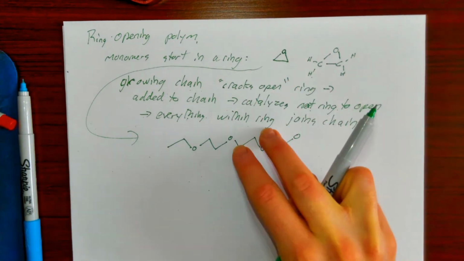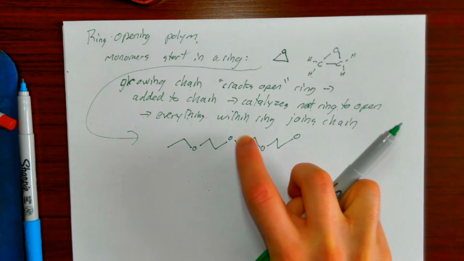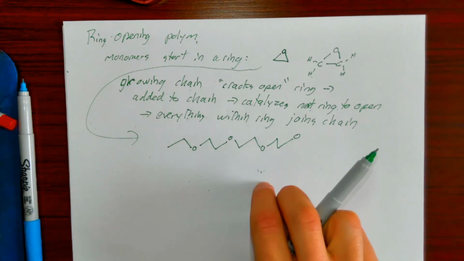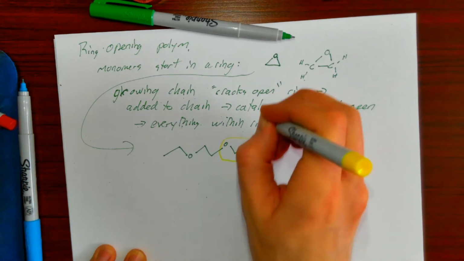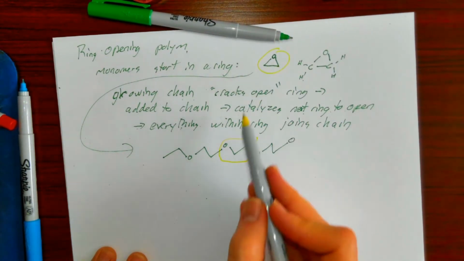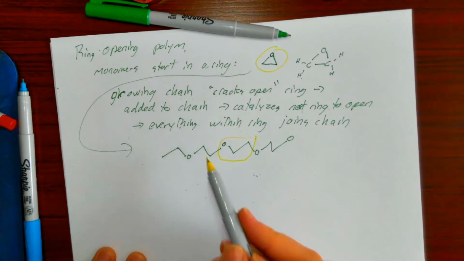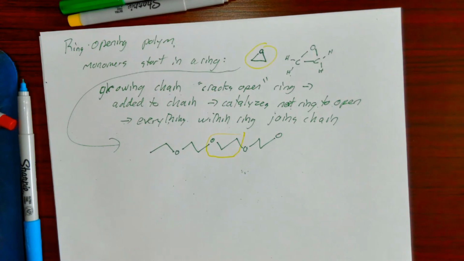Those two carbons are in between the oxygen from the next ring and the oxygen that was originally part of their own ring. So what was this now becomes this, where there are two carbons, an oxygen, and it maps that way. So that's what we have here.